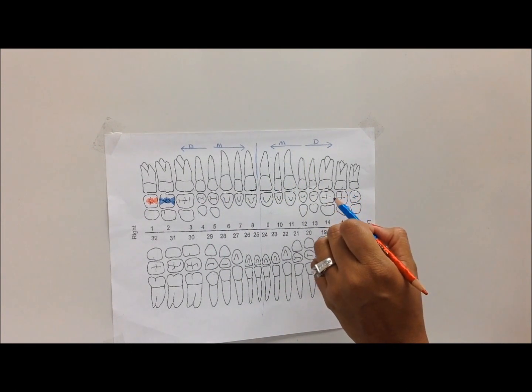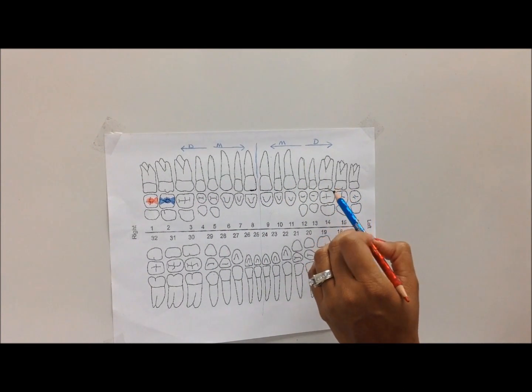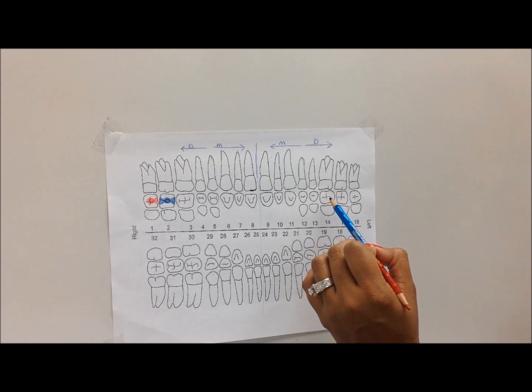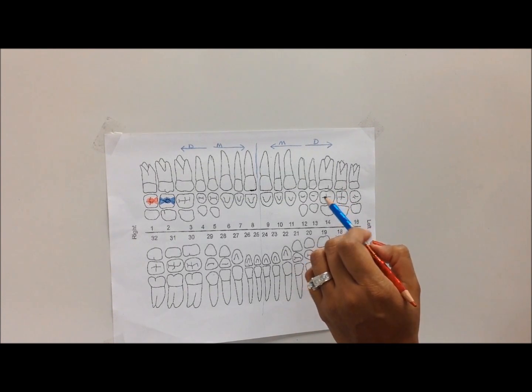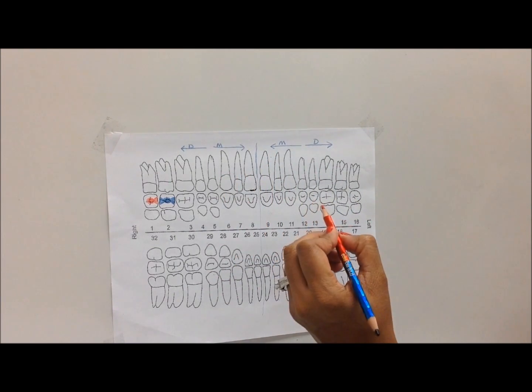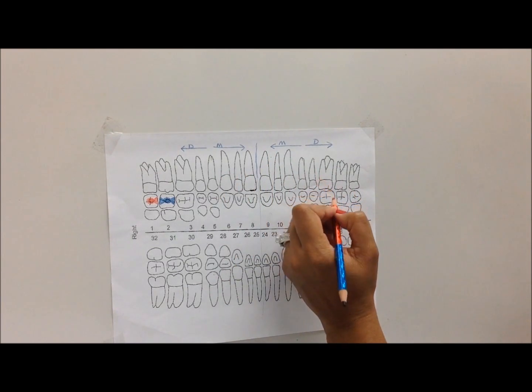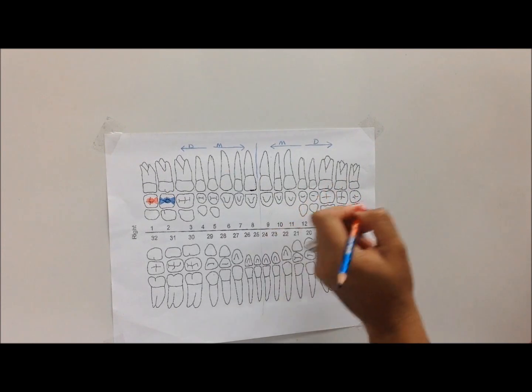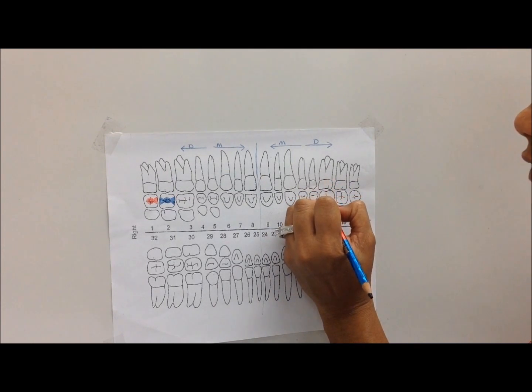And so when you come over here and look at some of your molars, let's chart a distal occlusal carious lesion. We already know we're going to use red because it's a carious lesion. So we said a distal occlusal. Occlusal is the easy one to put on. That's right in the center. Make a circle, color it in.